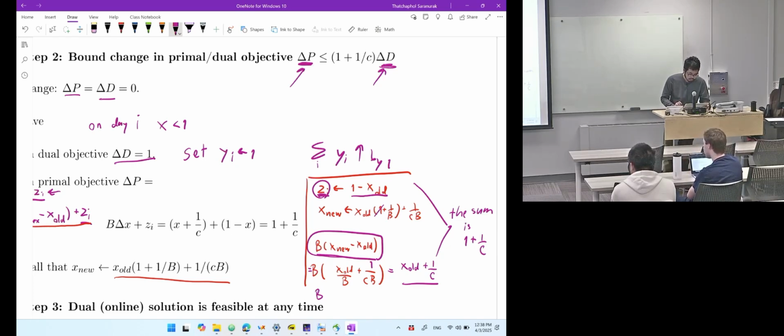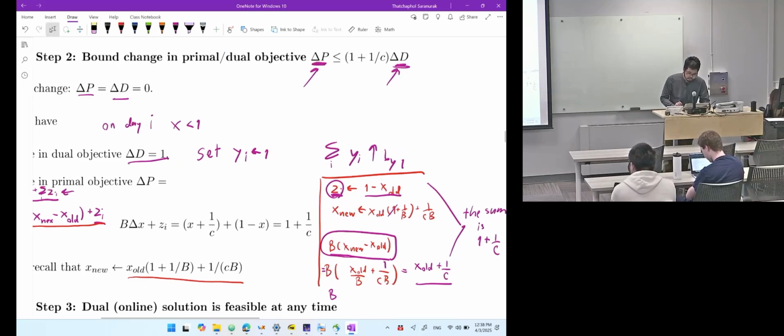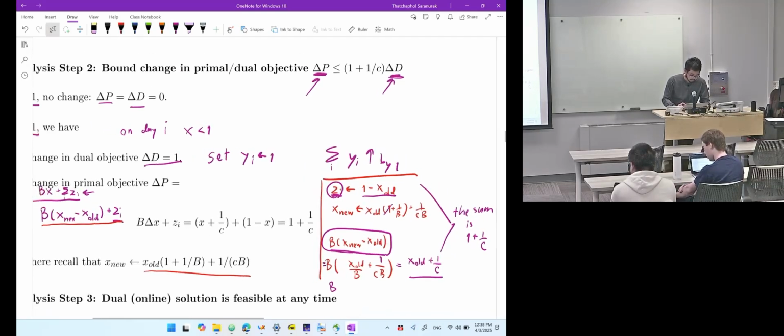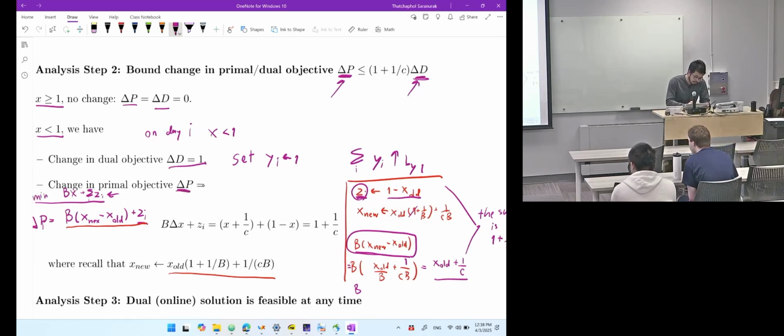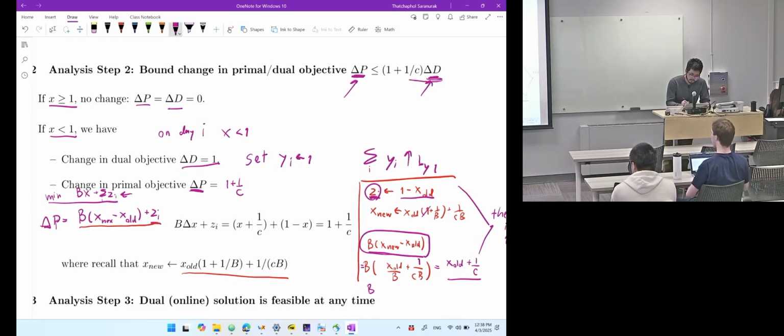So we just proved that the change in the cost of primal is going to be exactly 1 plus 1 over c, which proves this.